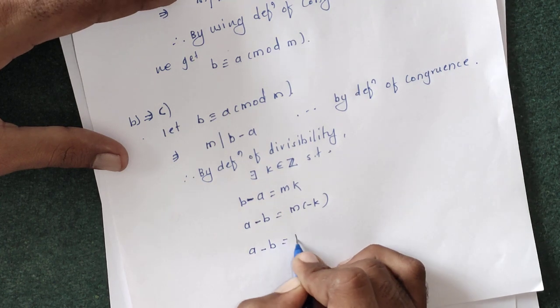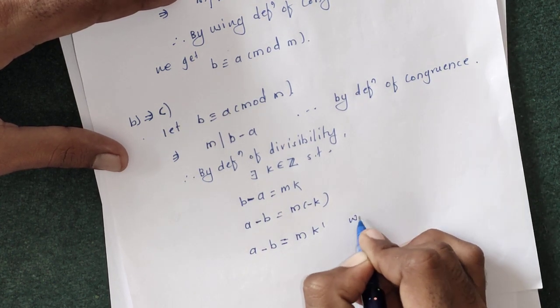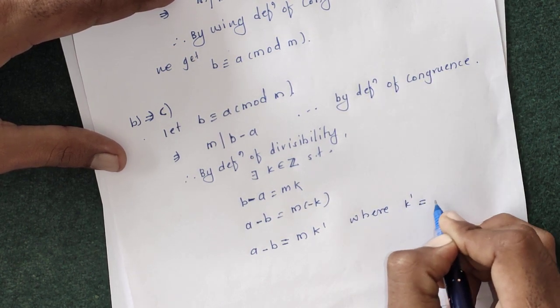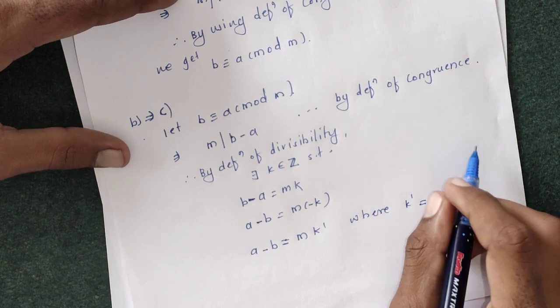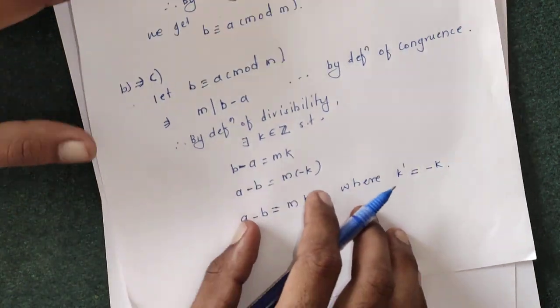This gives us A minus B is equal to m into k prime, where k prime is equal to minus k.